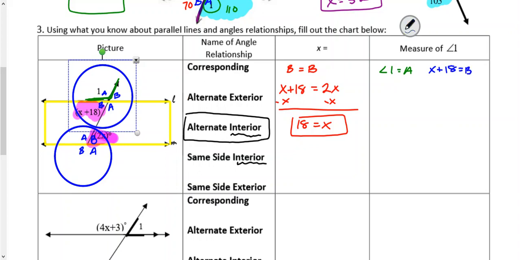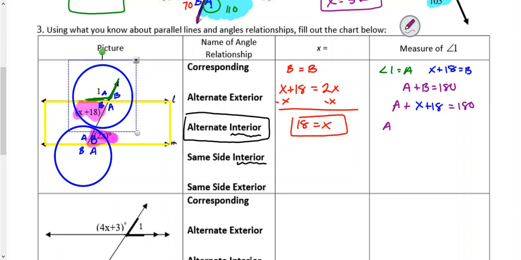And then I have my rule of A plus B equals 180. A is what I'm looking for, plus B is x plus 18 equals 180.